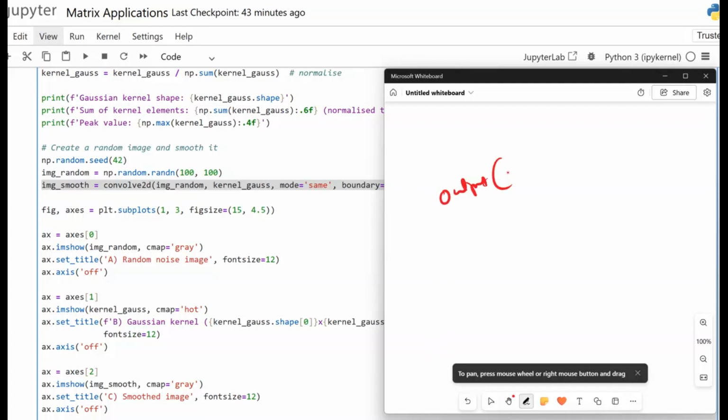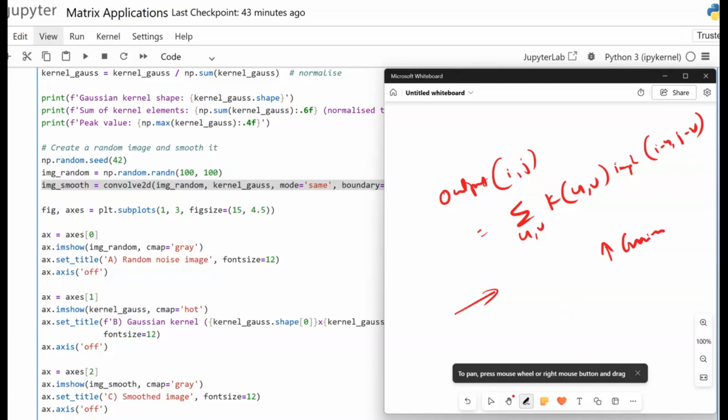The output at i, j is equal to the summation over u and v of k of u, v times the input at i minus u, j minus v. Each pixel becomes a weighted average of its neighbors. Nearby pixels contribute more, mainly due to the Gaussian weight.